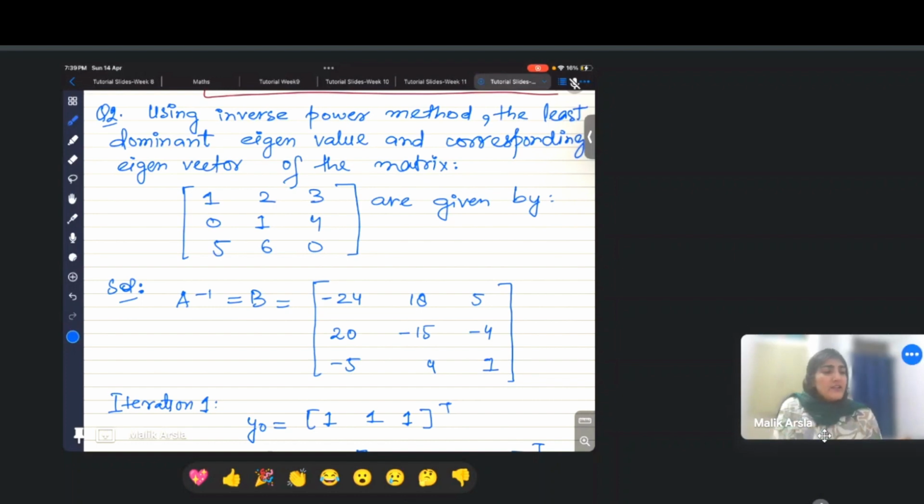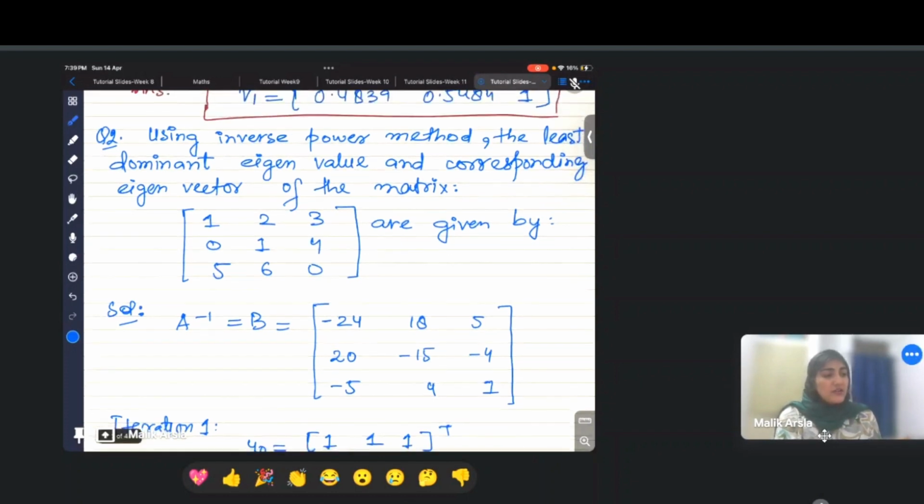See, using the inverse power method, we find the least dominant eigenvalue and corresponding eigenvector of the matrix. I don't know what method they have taught in lectures. I did it simply by taking first the inverse of this matrix. As you take its inverse, you get this matrix.